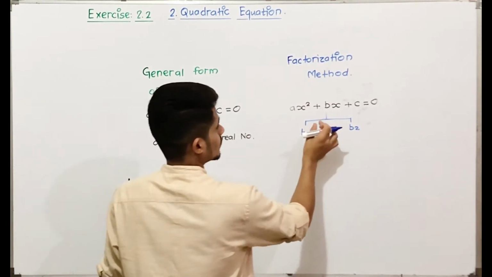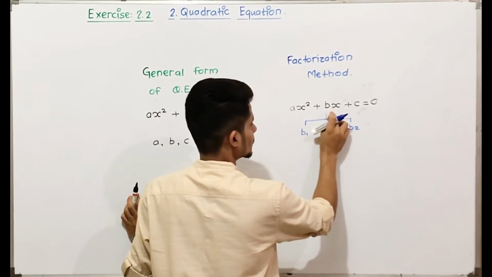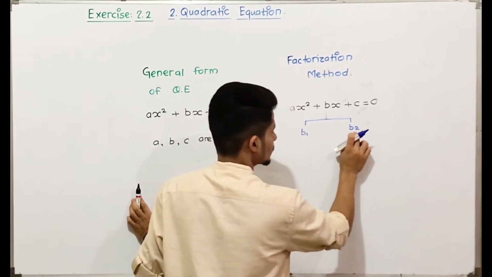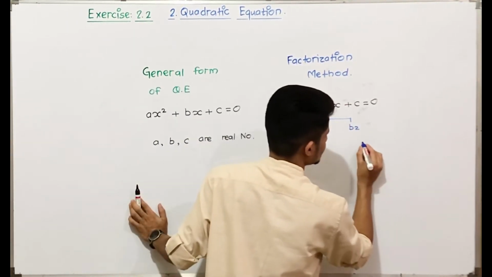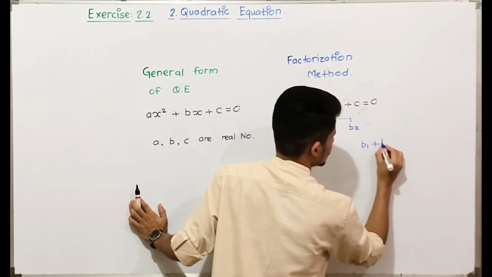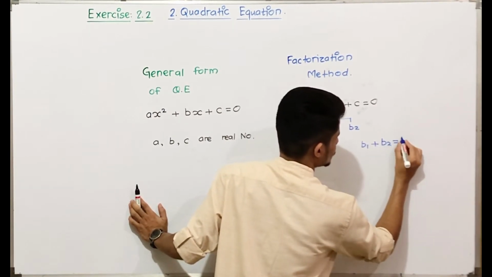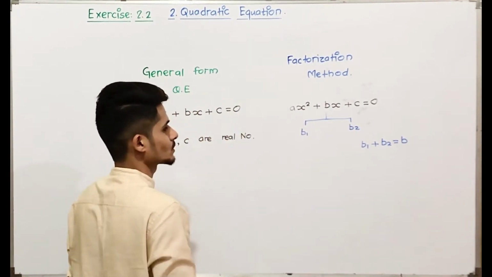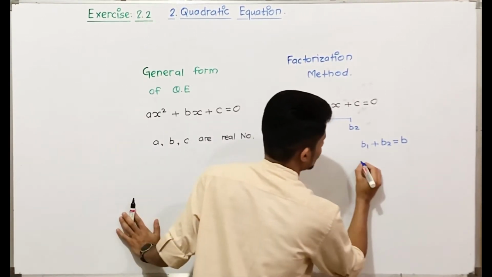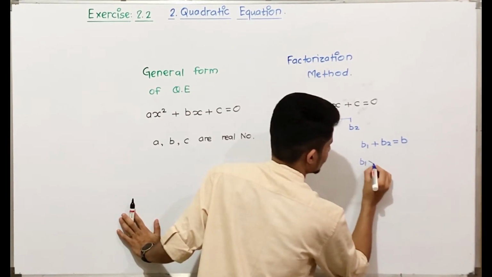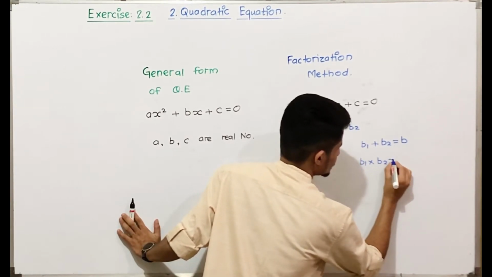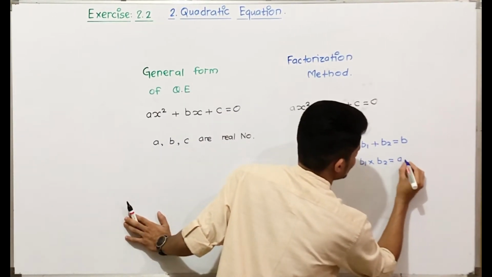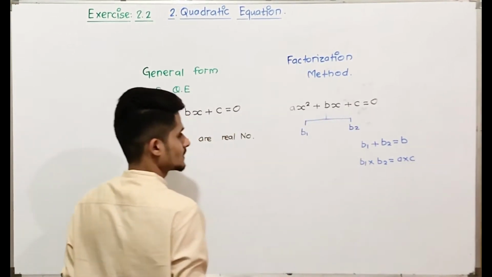Now we have to split the middle term in such a way that the addition is equal to b, that is b1 plus b2 should be equal to b, and the multiplication b1 into b2 is equal to the product of a and c.